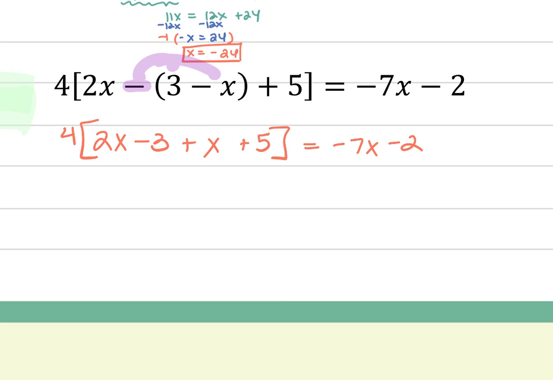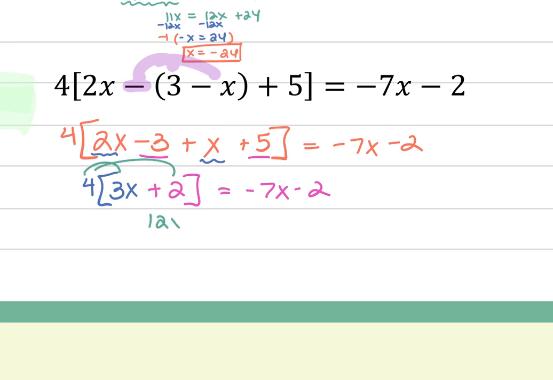Then I'm going to combine my like terms inside the brackets. So 4 bracket 2x plus x is 3x. And negative 3 and positive 5 is positive 2. Equals negative 7x minus 2. Now brackets work the same as parentheses. So I distribute the 4 in this time.